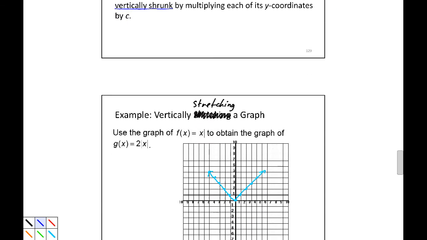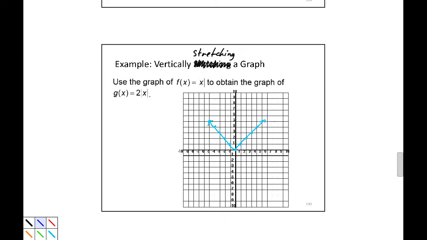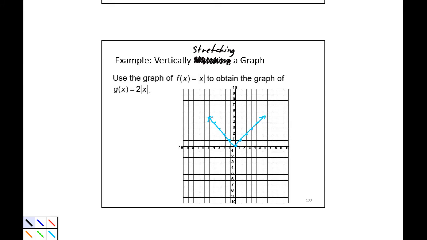All right, let's look at an example here. Use the graph of f of x equals absolute value of x to obtain the graph of g of x equals 2 times the absolute value of x. Now, I've already drawn f of x here. And here I am multiplying my y values by 2.